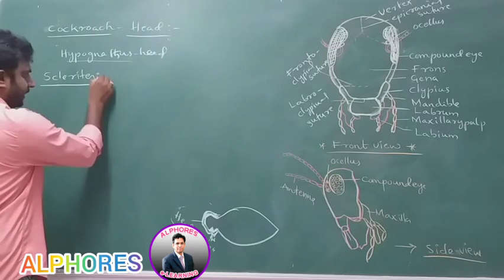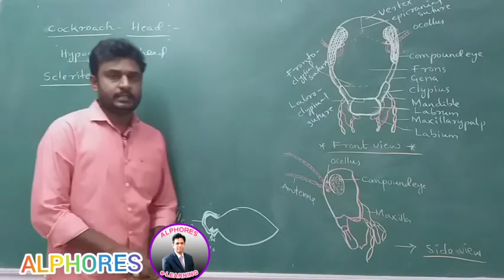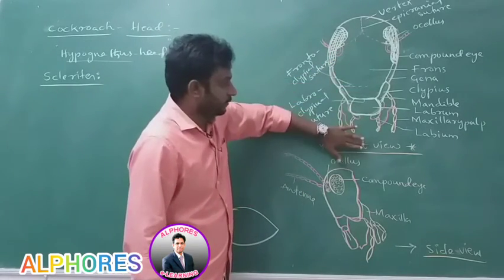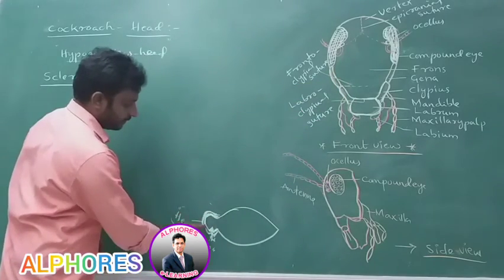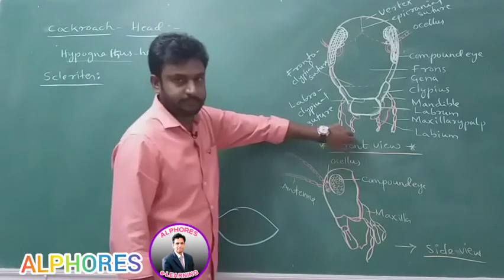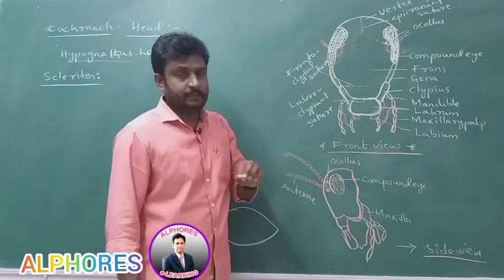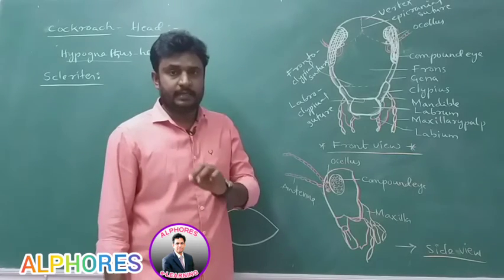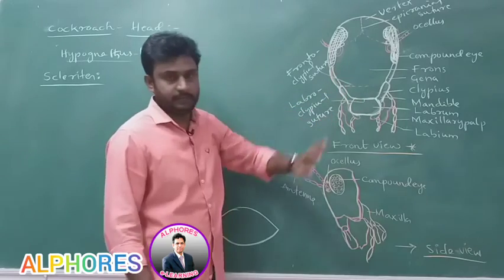So what sclerites are present in the hypognathous head of the cockroach? This is the structure, the front view of the cockroach head. Here the sclerites, the plates covering the head, are present. What are the plates covering the head?